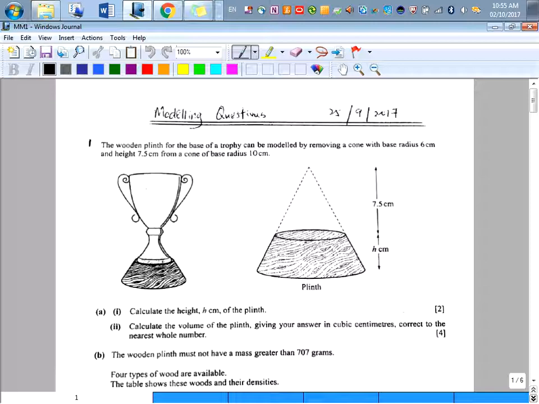Okay. Let's get started. Question 1A, part 1. The height is 5 cm. So just check your answers first. If you need me to go through, please stop me.